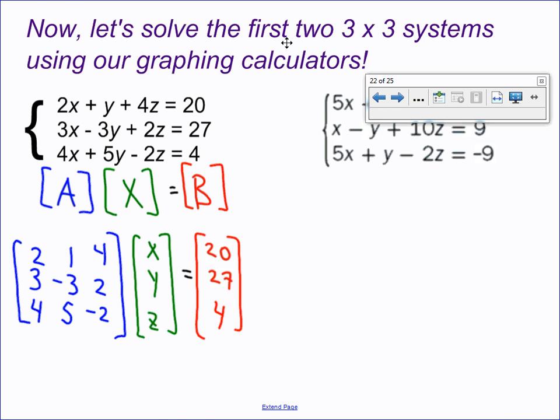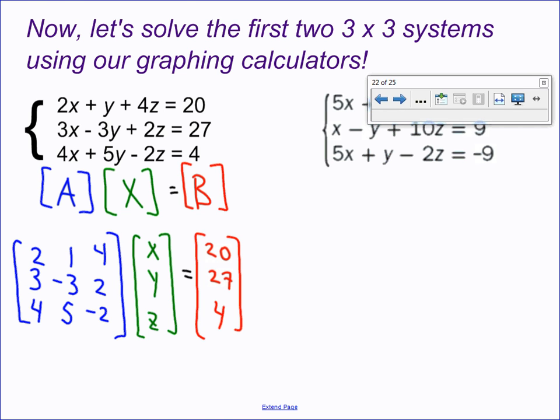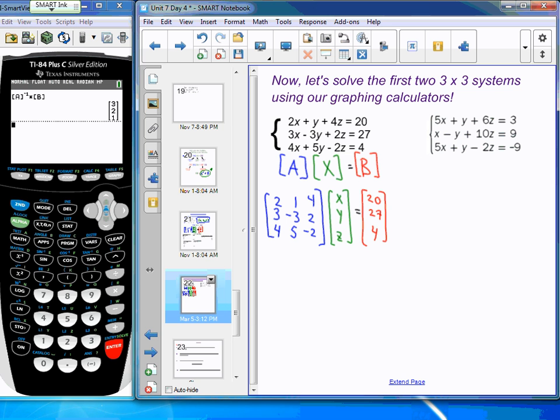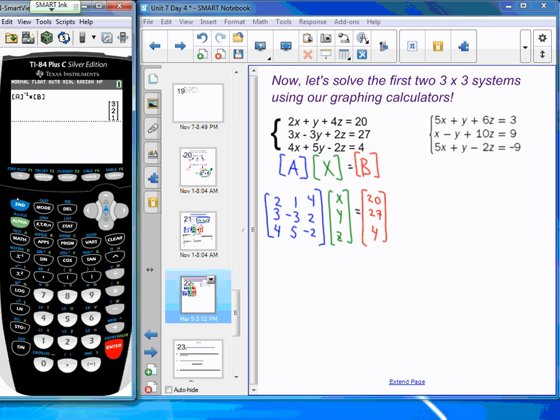All right, guys, let's do it. So in my graphing calculator, we'll go ahead and make a new matrix A. So I'm going to do second matrix, and I'm going to edit A. I still want 3 by 3, but now I want new coefficient matrix. 2, 1, 4, 3, -3, 2.